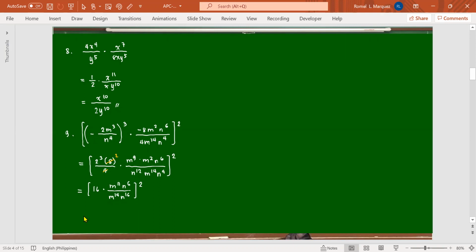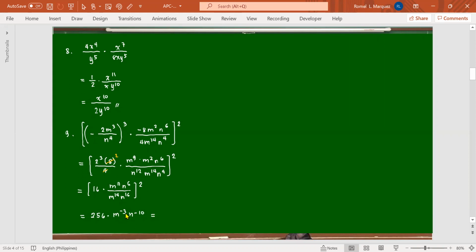Yes po, sir. So what is the square of 16? Is it 256? M: 11 minus 14, negative 3. What about for N? 6 minus 16, negative 10. But we want the exponents to be positive, no?